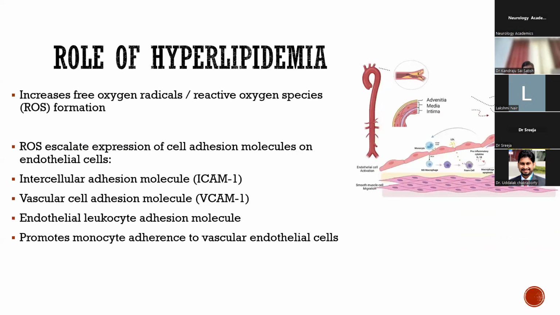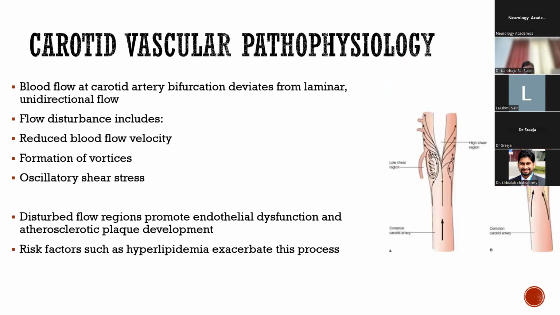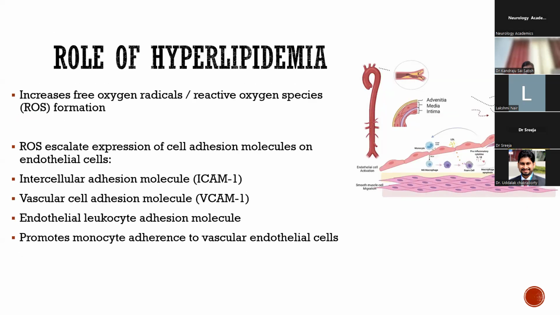So what is the role of hyperlipidemia? In patients with this atheroma formation, there will be activation of the endothelium. The activated endothelial cells allow the passage of LDL molecules along with the monocytes.